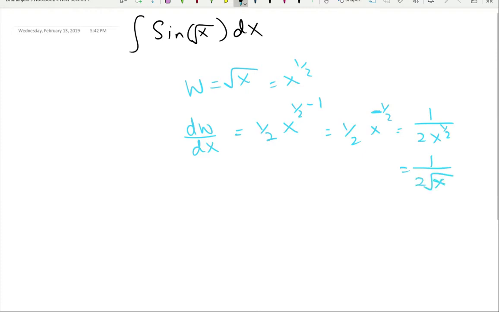Now the other problem with integration by substitution is that we know the inside function and its derivative should both be in the integral. Well, we have the inside function, but you can't see the derivative somewhere else in the integral, right? You don't see 1 over 2 square root x in the integral.